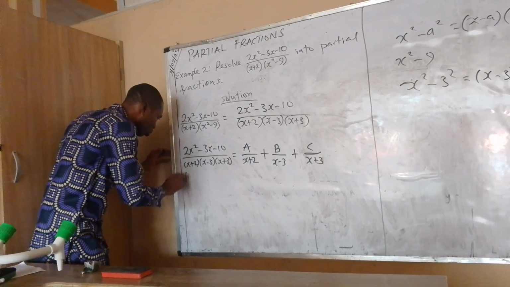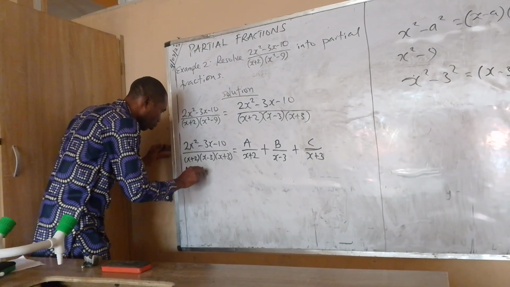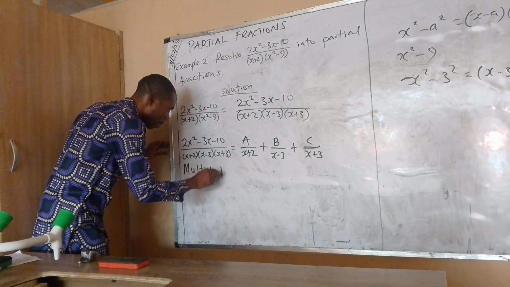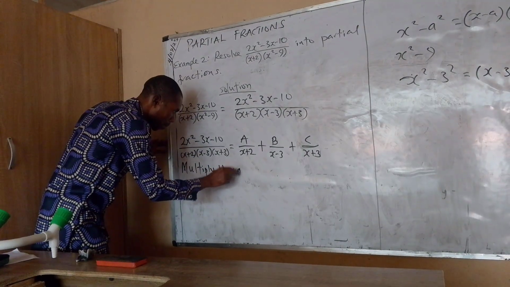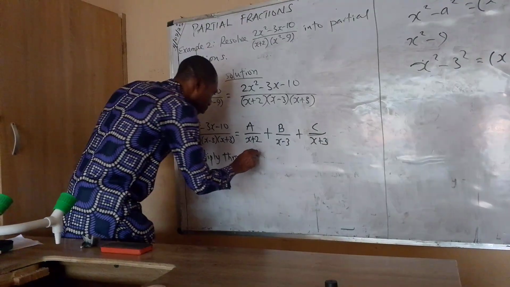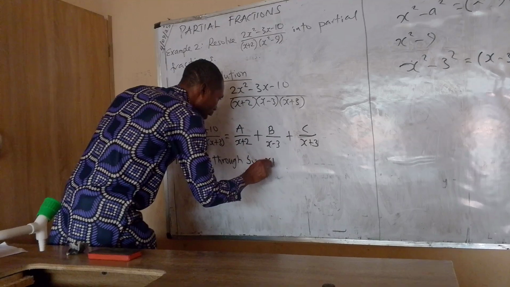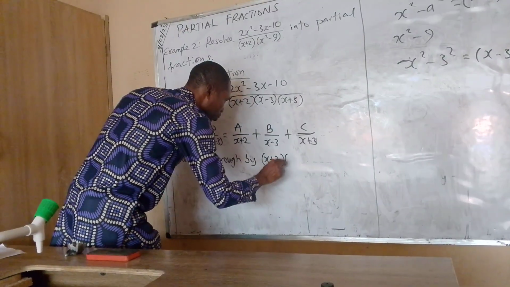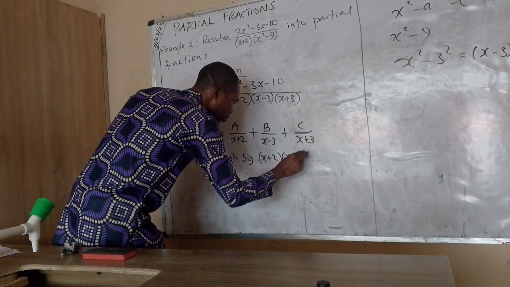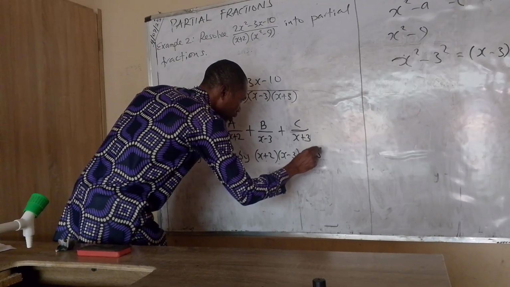So I state it out, multiply through by x plus 2, x minus 3, x plus 3.